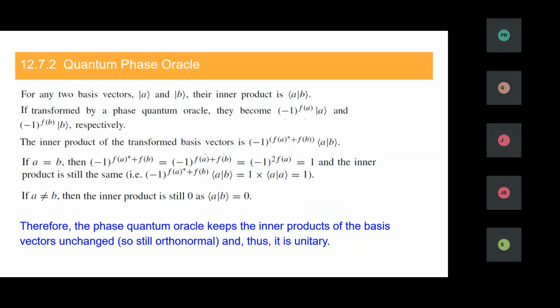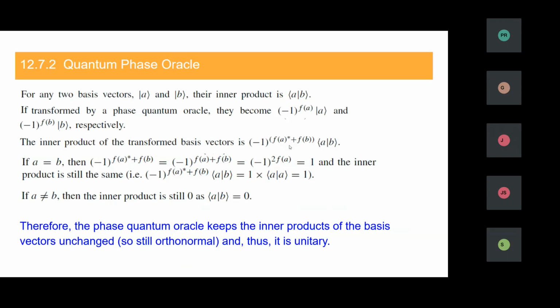Okay, so this is a small verification of the same thing over here. Let me not get into that, but technically, if you look at any two basis vectors A, B, you identify their inner products, and then operating the phase oracle, you put the phase in both cases. So for A as well as B, you plug in the phases and you get the inner products.